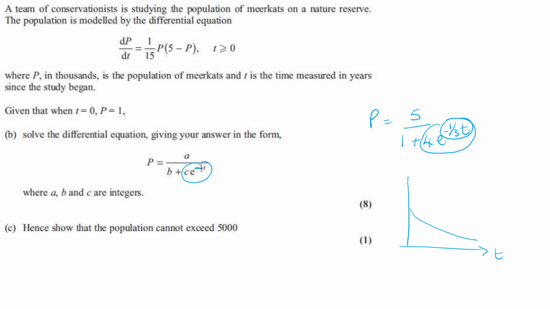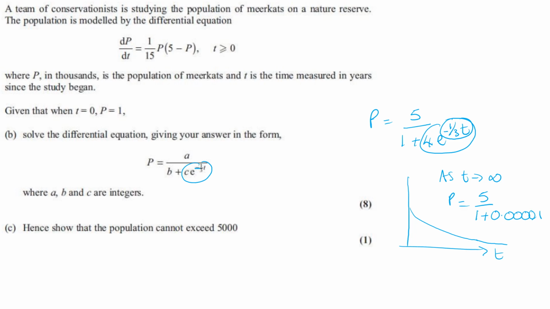So as t tends to infinity, the population is going to tend to 5 over 1 plus something that never reaches 0, so 0.0000 something very, very small.